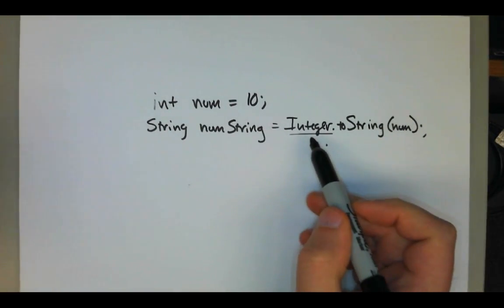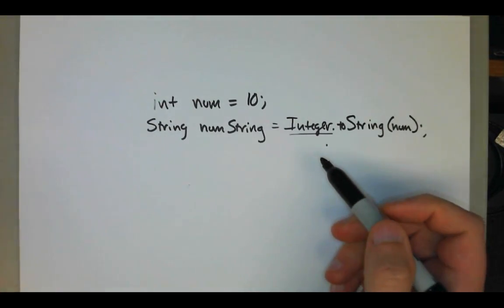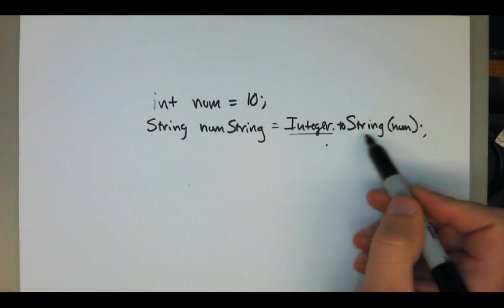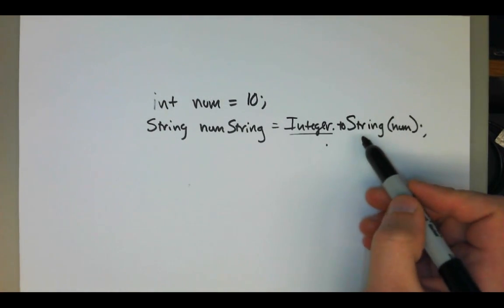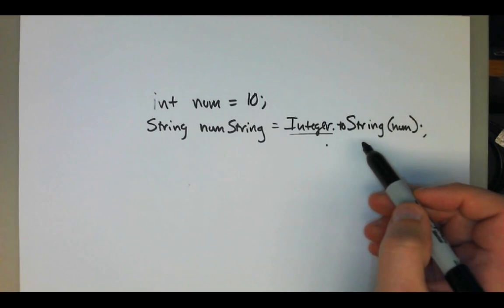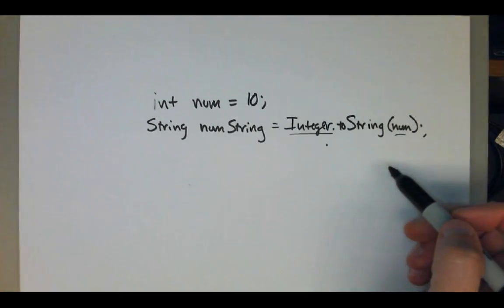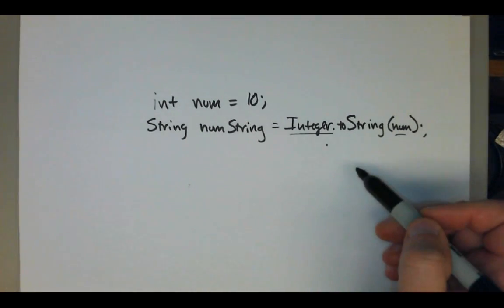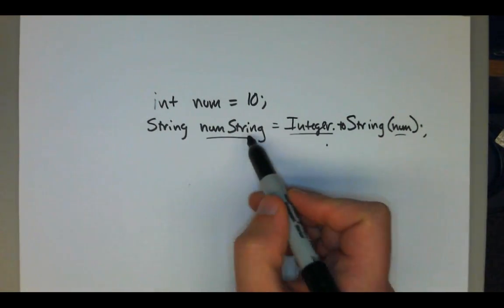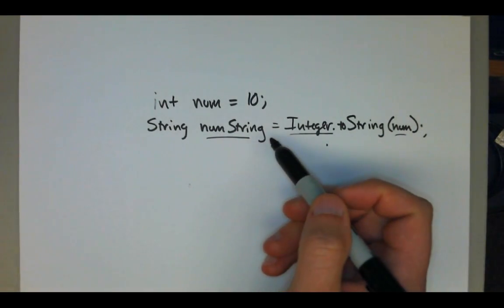Again, in this case I did not say new Integer anywhere. So this is the name of a class, a dot, and the name of the method. Okay, so that's a method that belongs to the class rather than any one particular object. And we passed in the number we wanted to convert to a string, and this method will return a string object that this reference will now point to.